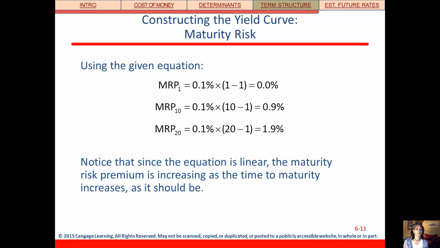For example, a 1-year maturity risk premium, remember that's kind of a trick question, is going to be 0 because we said that the maturity risk premium only applies to long-term securities regardless of the issuer. So a 10-year MRP, using that formula, is 0.1% times 10 minus 1, so 0.1% times 9, and for the 20-year, 0.1% times 19.